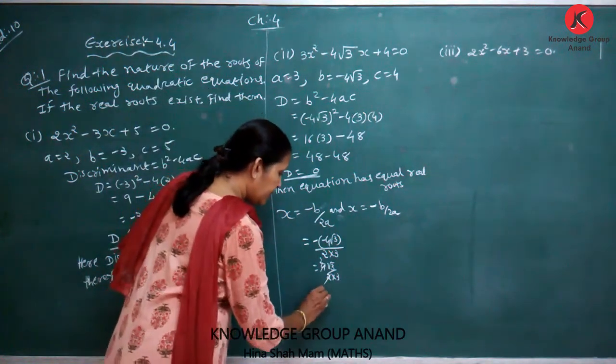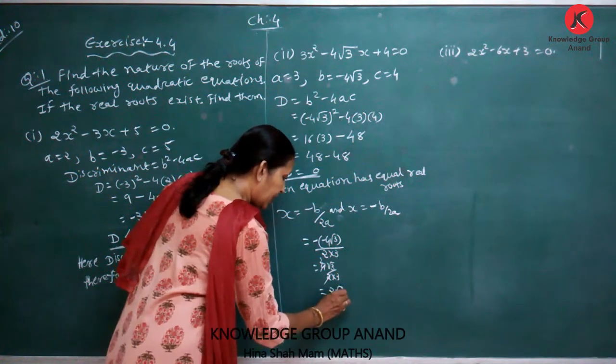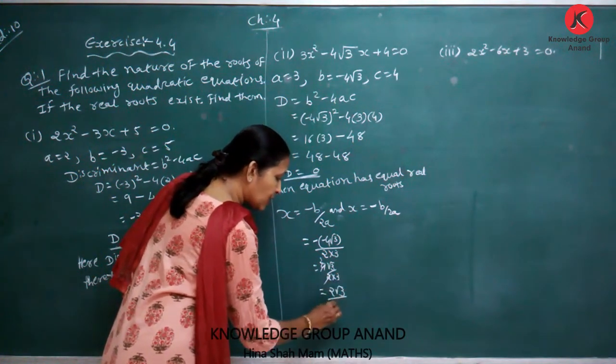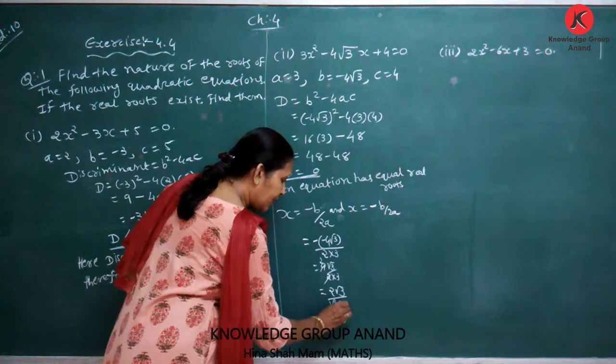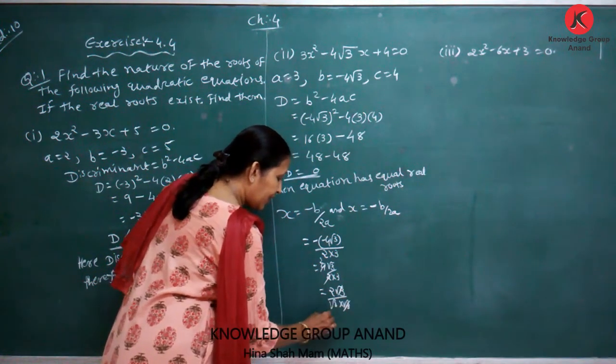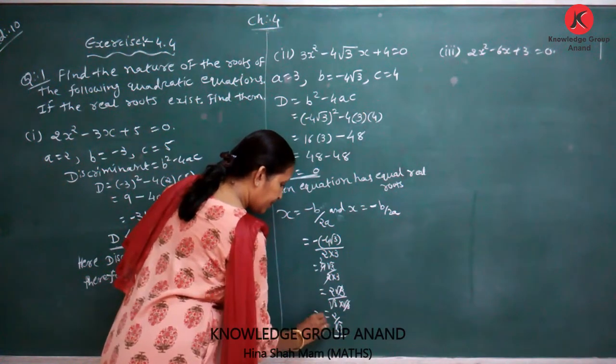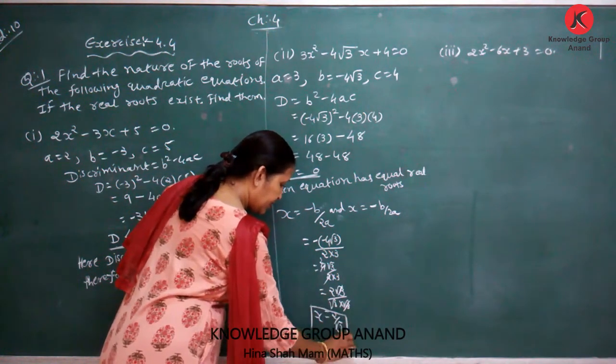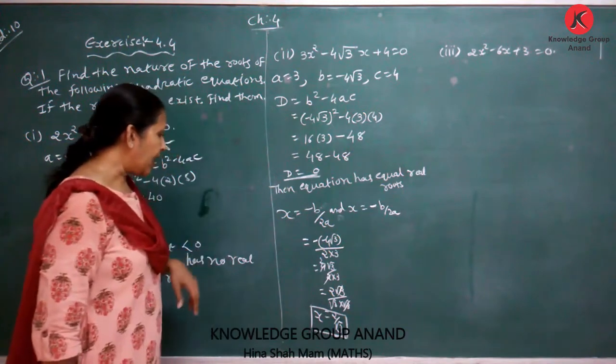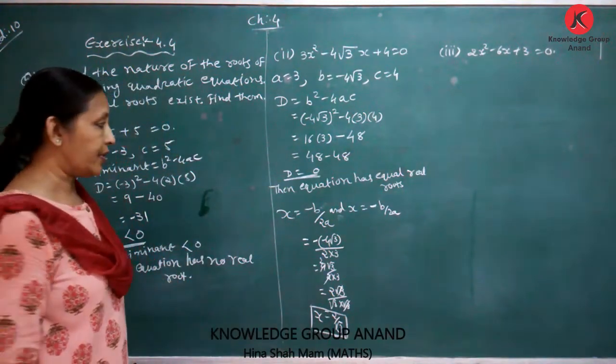Here 2 root 3 by 3, or factors of 3: root 3 into root 3, root 3 cut. Therefore 2 by root 3. Roots are 2 by root 3.